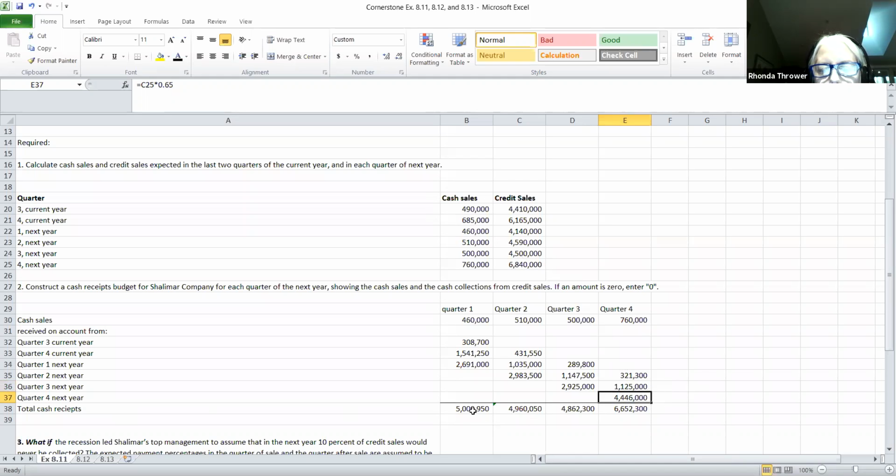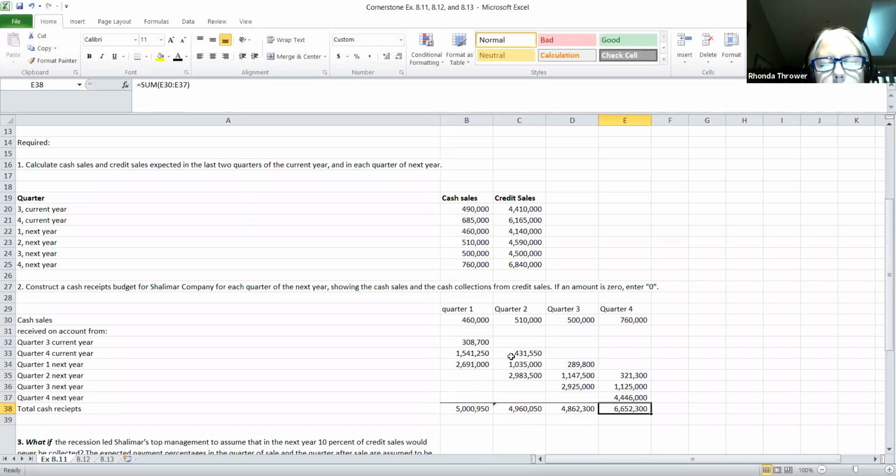And then what they wanted you to do is just total these. And so that's what I did there. Total each one of these. And those are the cash receipts for each one of the quarters.